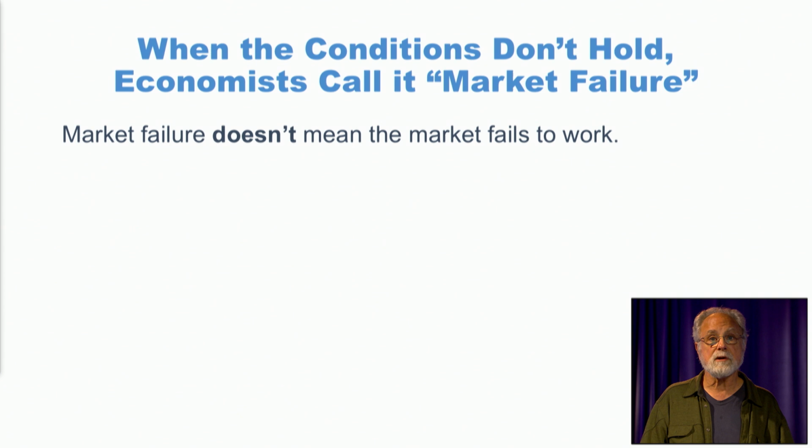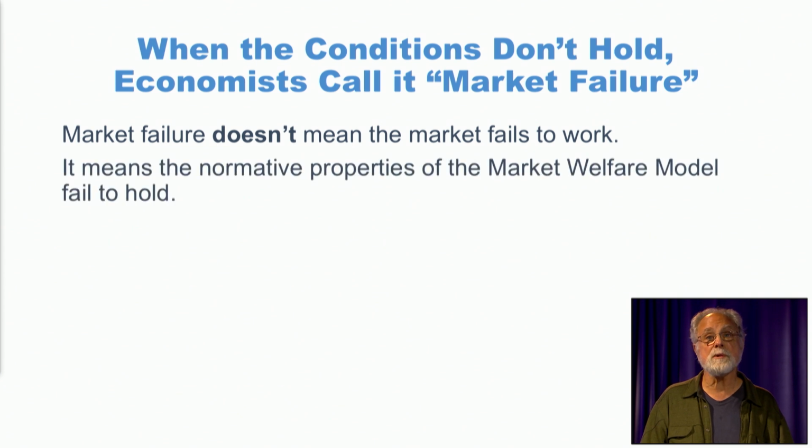What the term market failure means is that the normative analysis, the market welfare model, breaks down. So those two happy conclusions, that the right level of production is obtained and that the information generated by the market price is the right information, those two properties would be the ones that suffer.